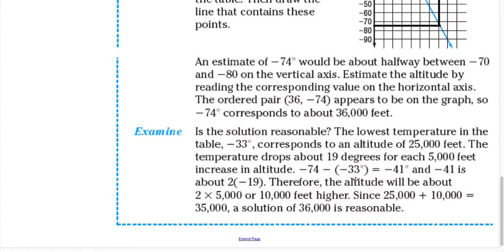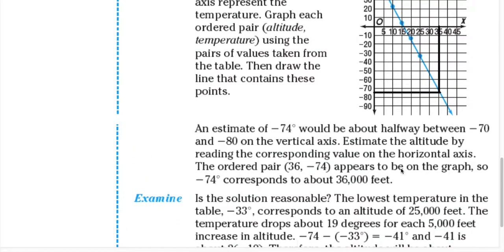So the change, negative 74 minus negative 33, is negative 41, and negative 41 is about 2 times negative 19. Therefore the altitude will be about 2 times 5,000, or 10,000 feet higher. Since our last value is 25,000 feet, we simply add that 10,000. 35,000 as a solution, or 36,000, is reasonable.